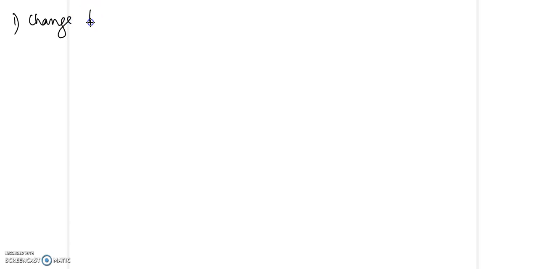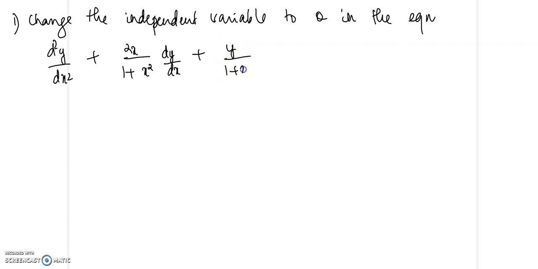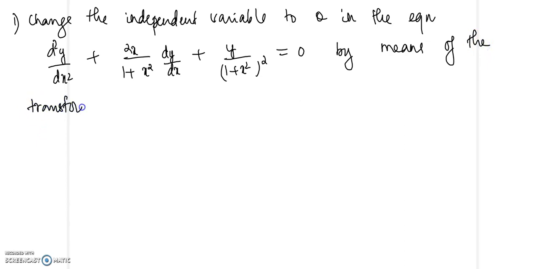First one is: change the independent variable to theta in the equation d square y by dx square plus 2x by 1 plus x square dy by dx plus y by (1 plus x square) whole square equal to 0 by means of the transformation x equal to tan theta.